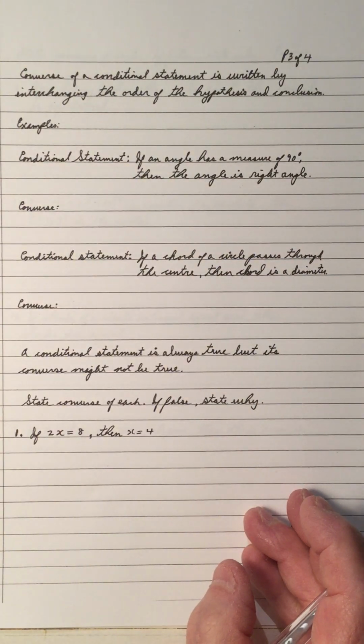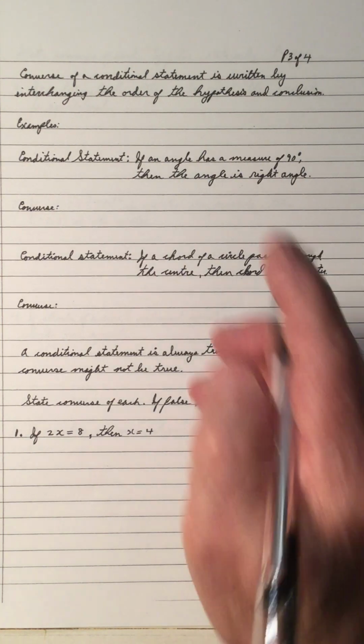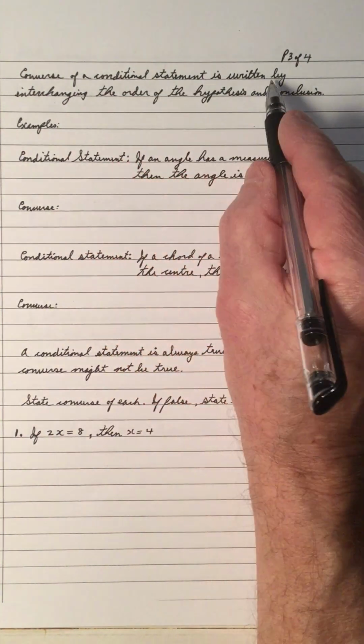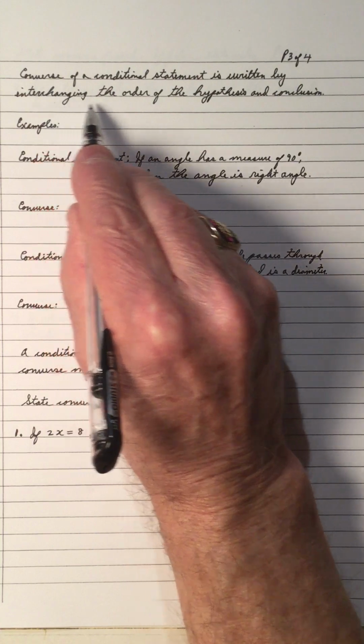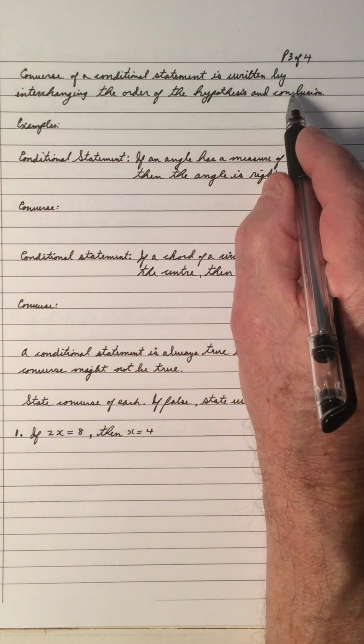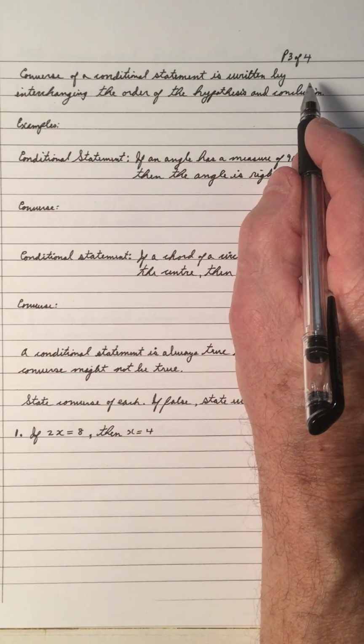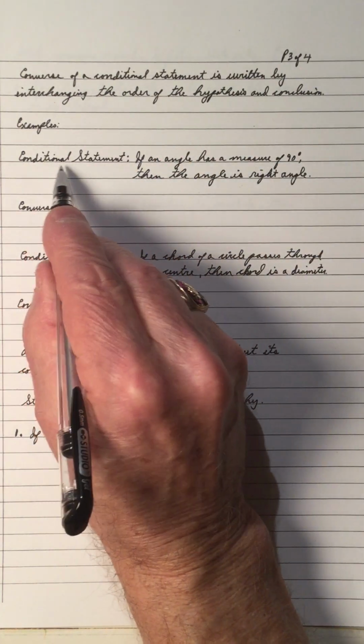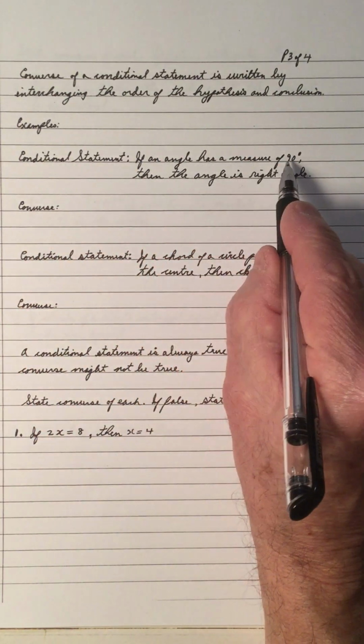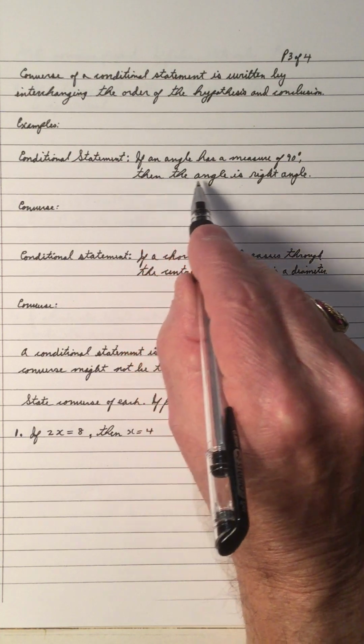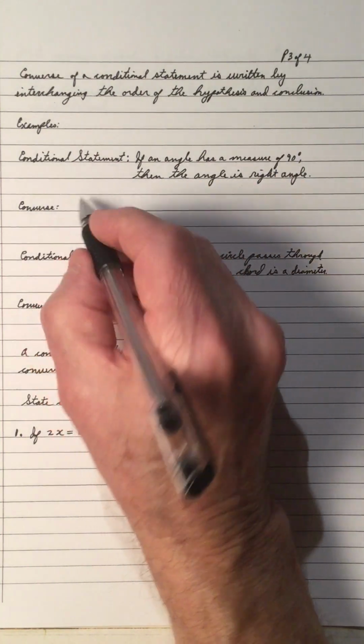Now let's look at another part. The converse of a conditional sentence is written by interchanging the order of the hypothesis and the conclusion. Let's do a couple of examples. A conditional sentence: if an angle has a measure of 90, then the angle is a right angle. So the converse, we switch it around.